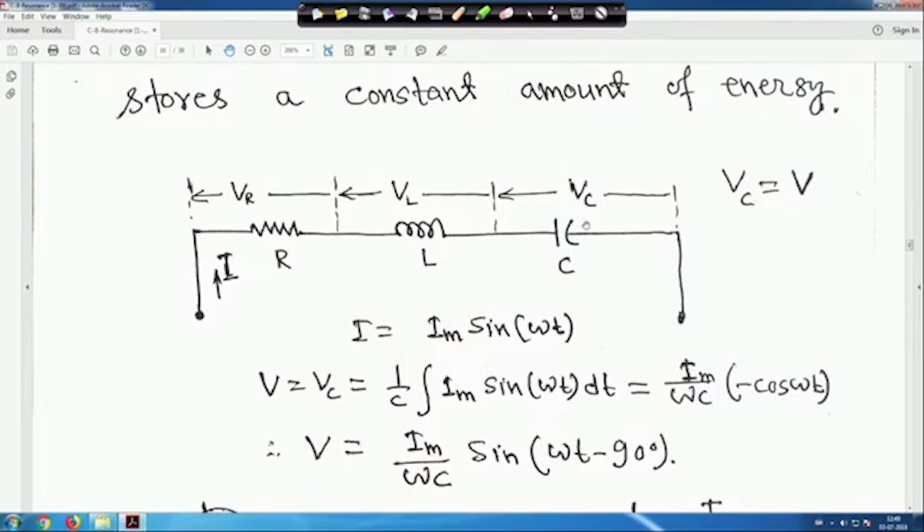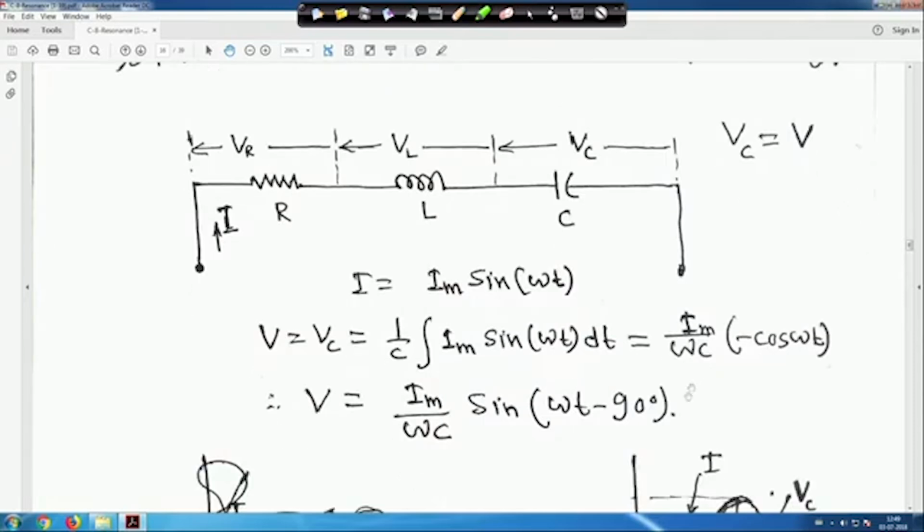Now, the voltage across the capacitor, VC equal to V, we have to integrate 1 upon C I m sin omega t dt. If you integrate, it will be I m upon omega C times minus cos omega t.